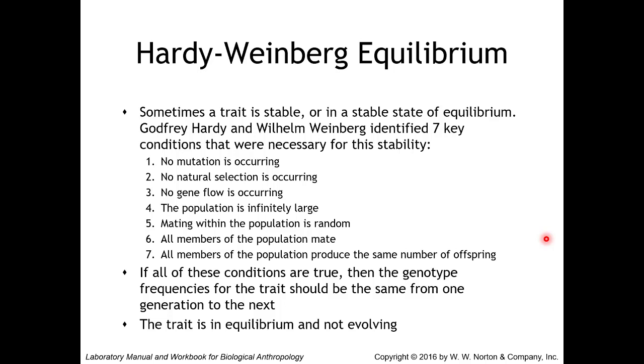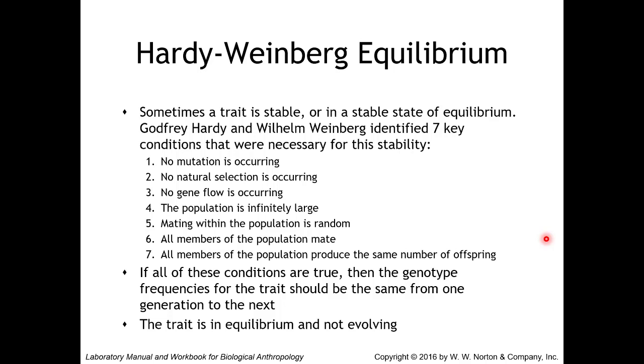Sometimes a trait is stable, or in a stable state of equilibrium. Godfrey Hardy and Wilhelm Weinberg, it's German, so it's Weinberg, technically, identified 7 key conditions that were necessary for this stability, in a state of equilibrium.